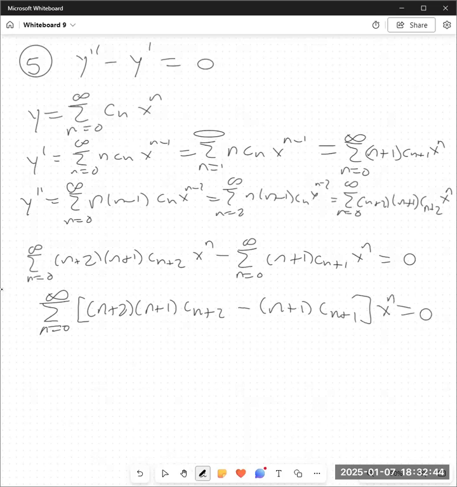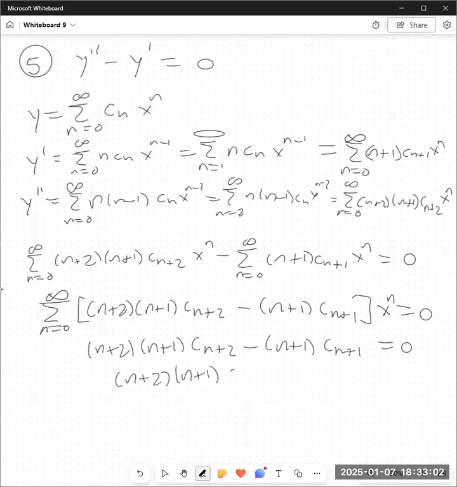We don't want the x to the n part to be equal to 0, so we set n plus 2, n plus 1, cn plus 2, minus n plus 1, cn plus 1 equal to 0. Solve for cn plus 2. It's n plus 2, n plus 1, cn plus 2 equals n plus 1, cn plus 1. n plus 1 is going to divide out. cn plus 2 equals 1 over n plus 2, cn plus 1.